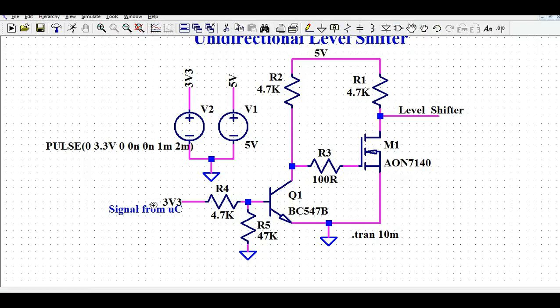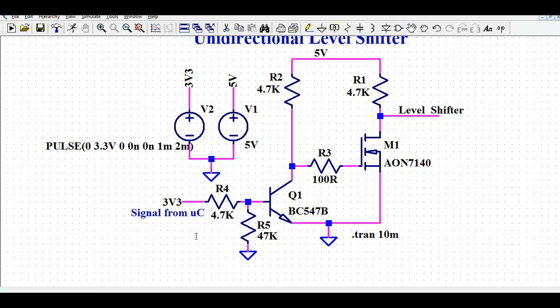So if the signal coming from the microcontroller is 0 volt, this Q1 is off. If Q1 is off, your M1 is on. Then at this level shifter point you're going to get 0 volt. So if you have a logic low signal coming from the microcontroller, even after shifting the level you get the same voltage level, 0 volt. Now what if you have a logic high signal coming from the microcontroller?